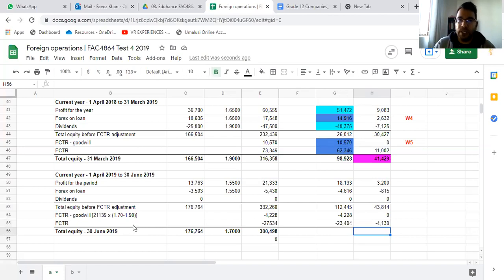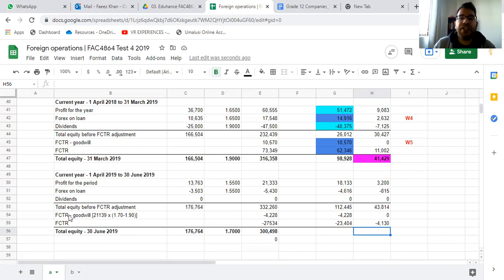Now, when it comes to goodwill, NCI and the parent don't always share. If we're using the full goodwill method, then NCI and the parent will share, and there's no need to split between goodwill and normal FCTR. You can just have one FCTR line item.